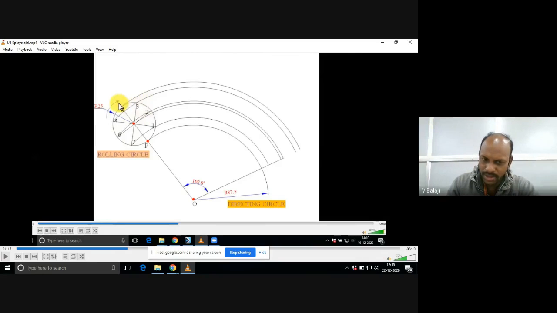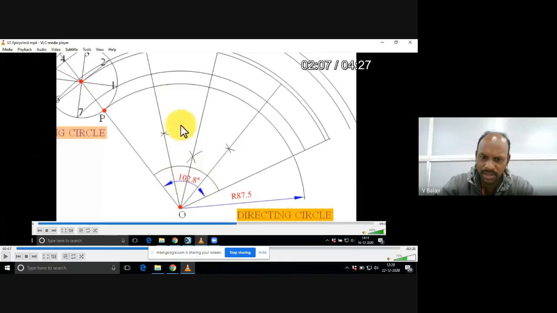Instead of a straight path, a circular path is there now. If you take any point which is fixed to the wheel and trace the path while it is traveling for one complete revolution, then we will get an epicycloid curve. Something I will show you.